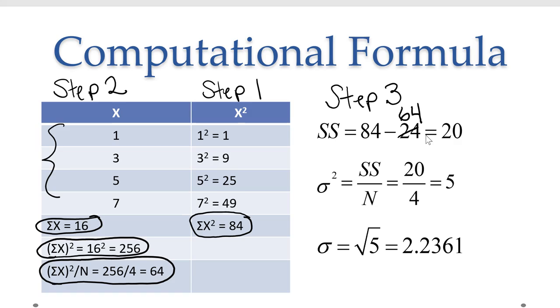As you can see, we get the same sum of squares, SS, with fewer calculations and fewer ways to make calculation errors. Just don't make the same error I just did. So the next two steps are the same as the definitional formula, where population variance is equal to 5, and population standard deviation is equal to 2.2. Right?